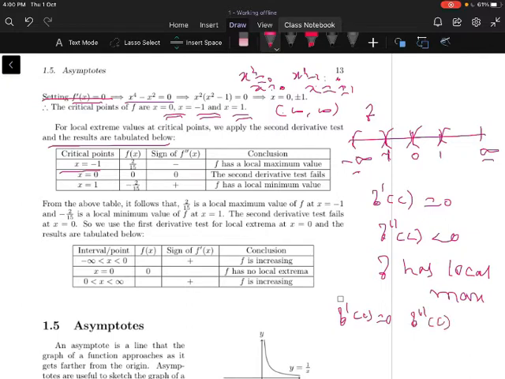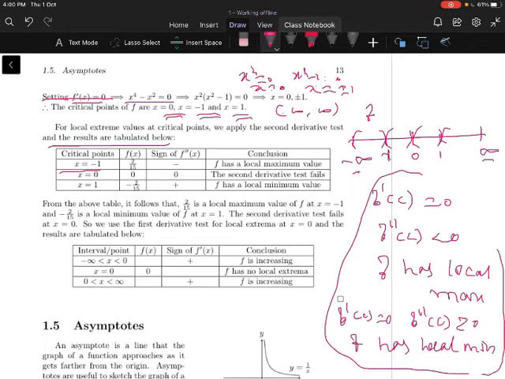If f dash of c is equal to 0 and f double dash of c is positive, then f has a local minimum value.